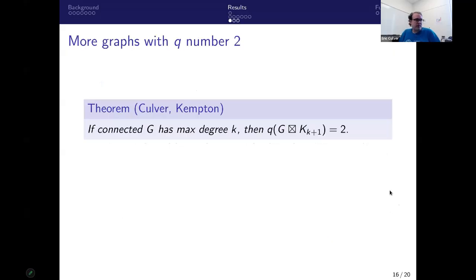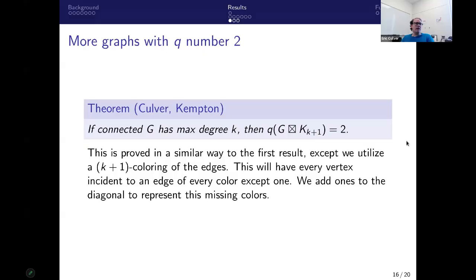Some other results from the paper: we were able to show that for any connected graph with max degree k, we can do a strong product with a complete graph on k plus 1 vertices and get a q number of 2 for that. And this one is a very similar result.